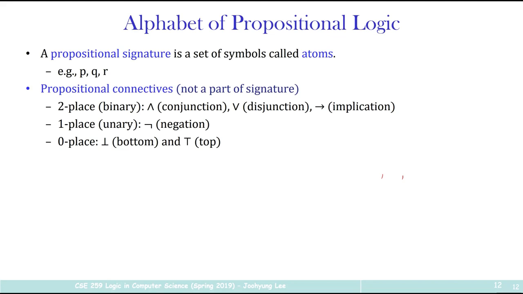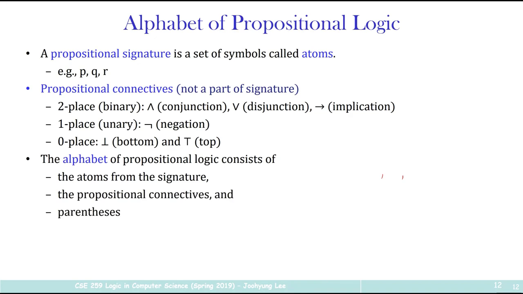Again, don't worry about the meaning of these things yet, because we are not talking about meaning now. We are talking about the syntax. It's just an alphabet. So the whole alphabet consists of these things. You can use any atoms from the given signature and the propositional connectives and parentheses if needed.